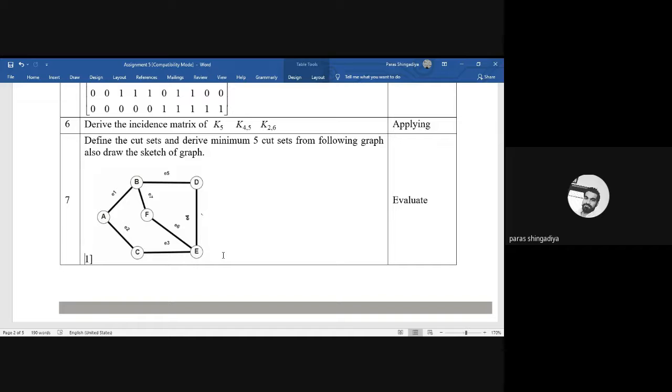If I consider E1 and E2, and if I remove E1 and E2, then this vertex will be disconnected from the rest of the graph. They are connected now. If I delete E1 and E2, then this vertex will be disconnected from this graph. It means the graph is converted into two parts.